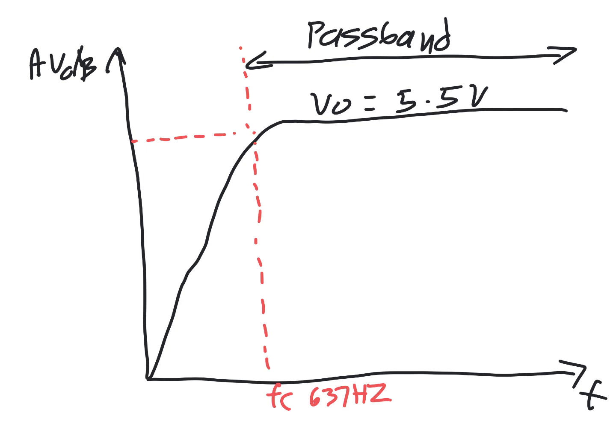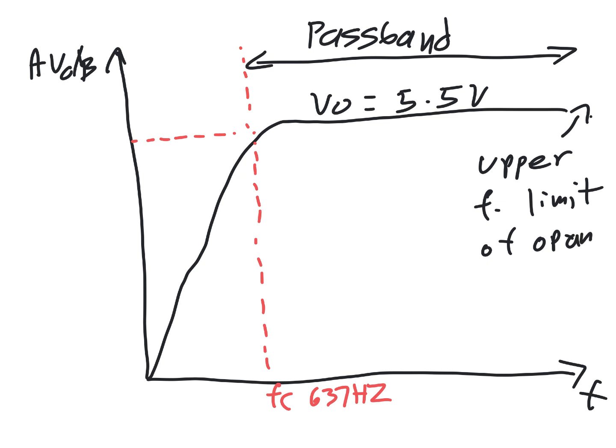I can't remember, but it doesn't go on indefinitely. And eventually, if you kept increasing the frequency, it would just roll off anyway. But so this is the upper frequency limit of whatever op amp you're using.